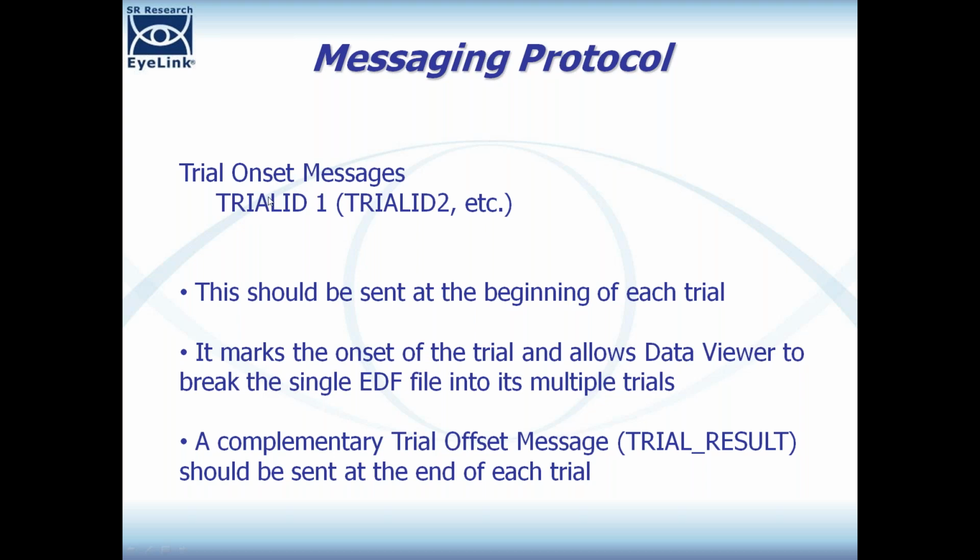The formatting is TRIALID with no spaces, and then you put the trial number afterwards. It looks like I missed a space there, but it should be TRIALID space 1, TRIALID space 2, etc. So for each trial, you just use a larger number. Technically, this doesn't have to be a number, but it's convenient to do it that way so that you can easily identify the trial number in the data file.